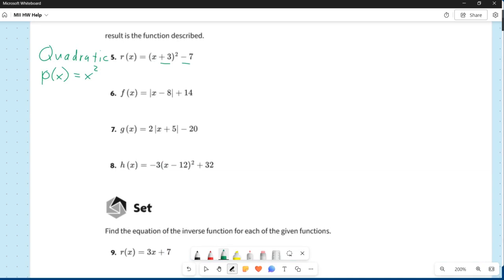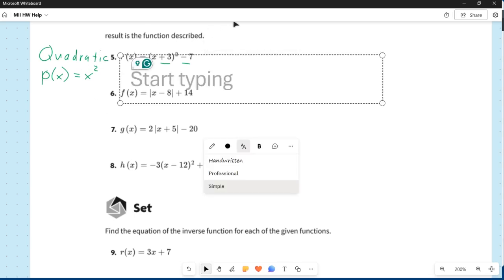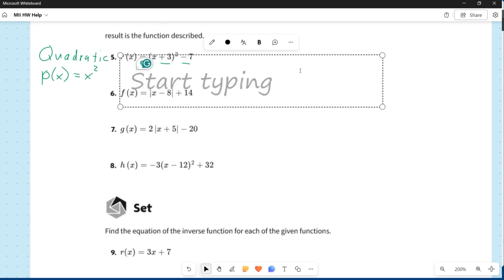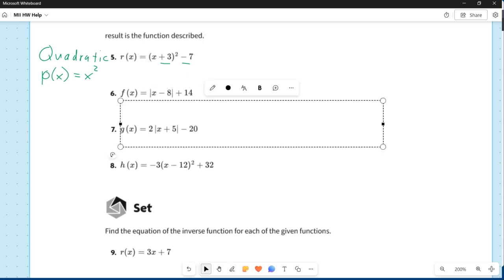Those are the two modifications that we are being tasked to describe. Okay.